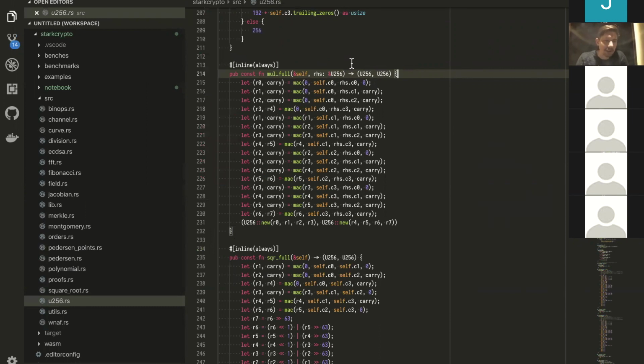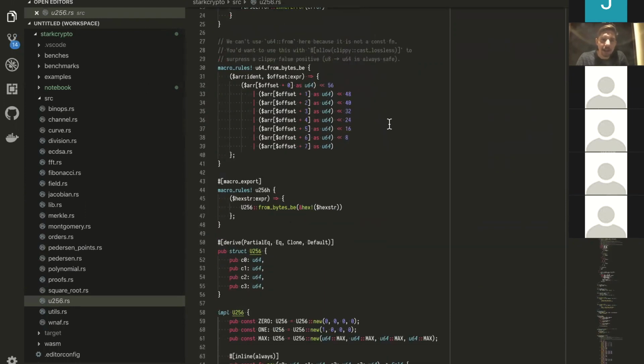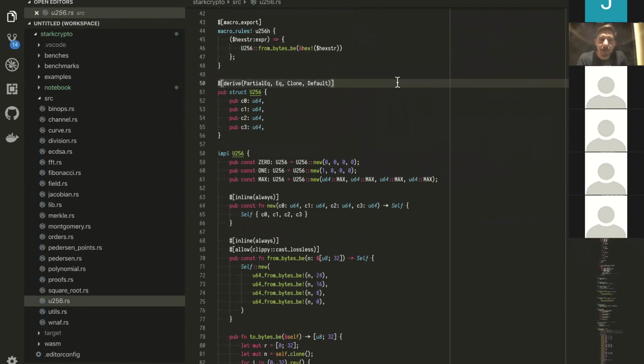So this is how you would implement a field element, a 256-bit field element. Basically, you start with a primitive, which is just a 256-bit number. And since CPUs don't have a native 256-bit integer type, you need to somehow construct this out of smaller integer types.